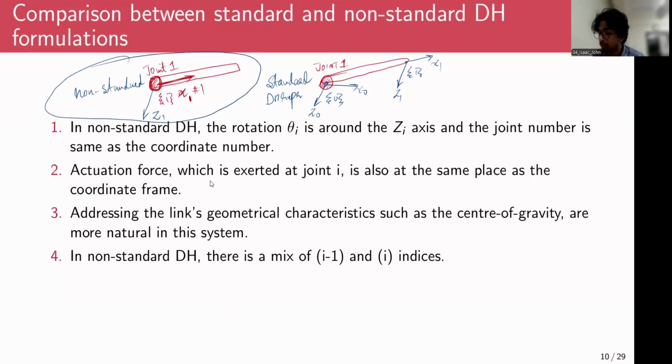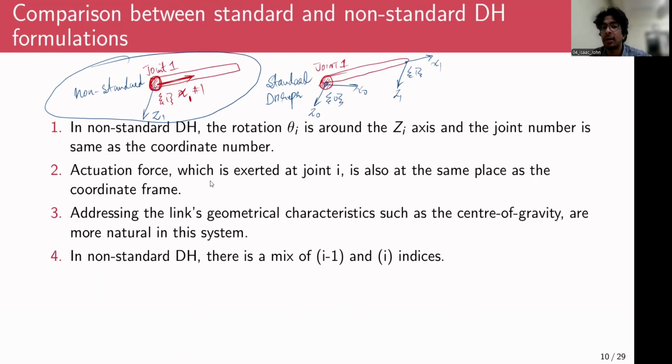Right. So the second point is that the actuation force exerted on joint i is also at the same place as the coordinate frame. So if you do dynamic modeling, you would be interested to know what the forces acting on this joint are. If you are interested to find out the forces acting on joint 1, you are only required to find out the forces acting on the coordinates Z1, X1, and Y1 in case of non-standard representation.